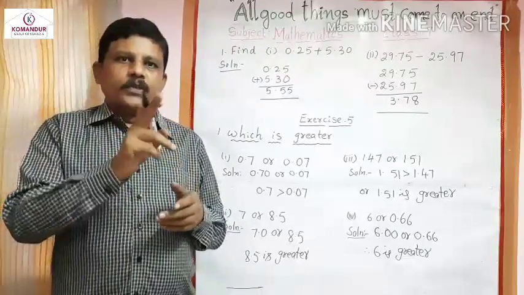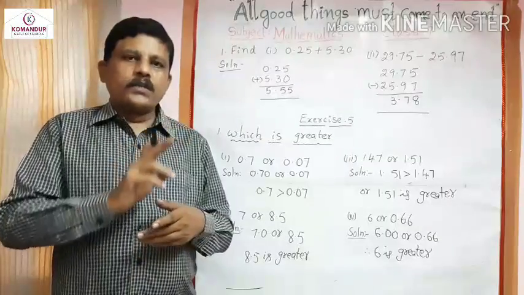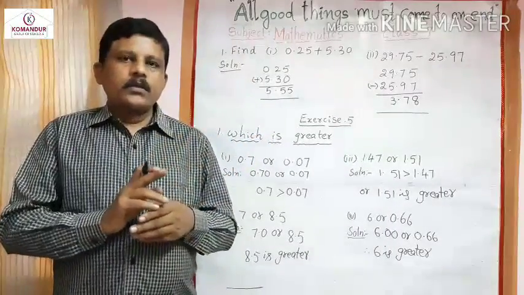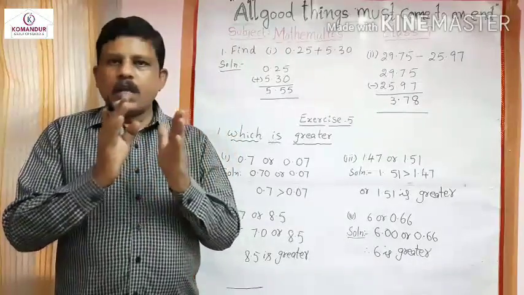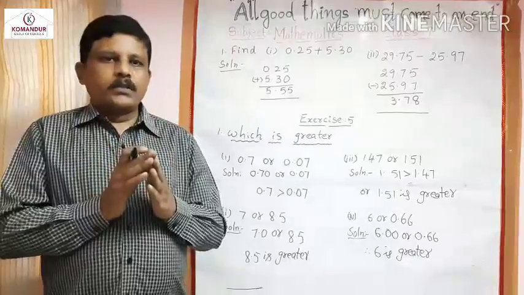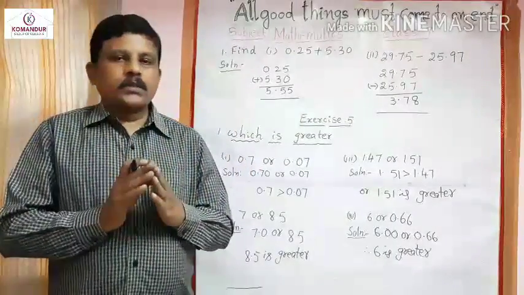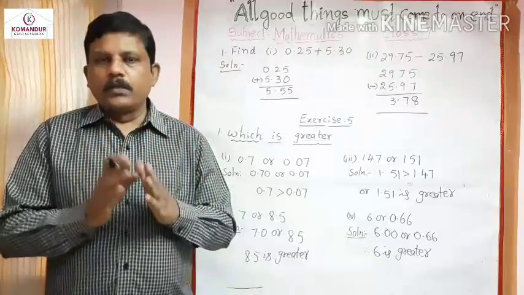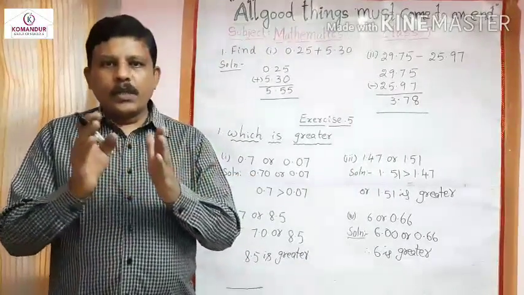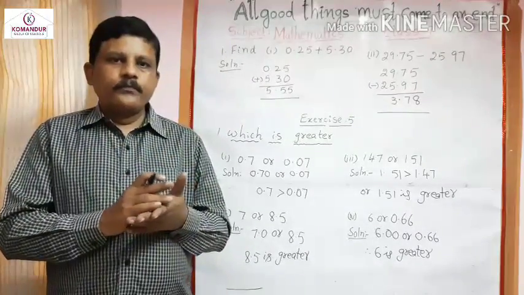On a scale we observe that between 1 and 2 centimeters there are 10 small lines, so 1 centimeter is 10 millimeters. 1 meter is 100 centimeters, and 1 kilometer is 1000 meters.